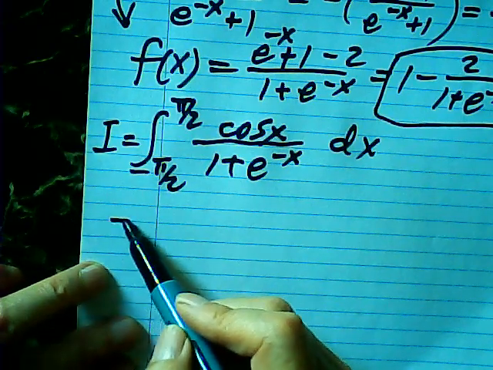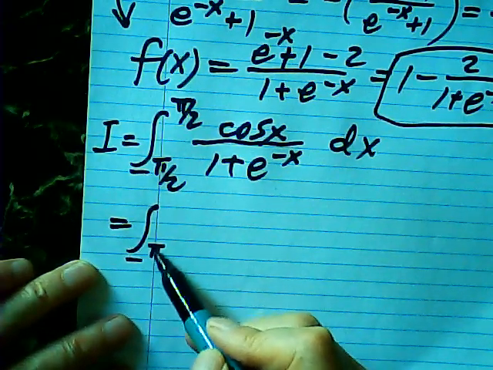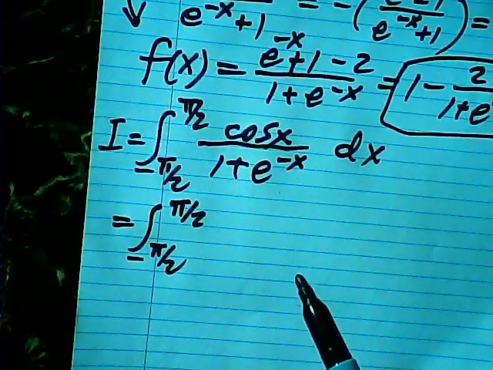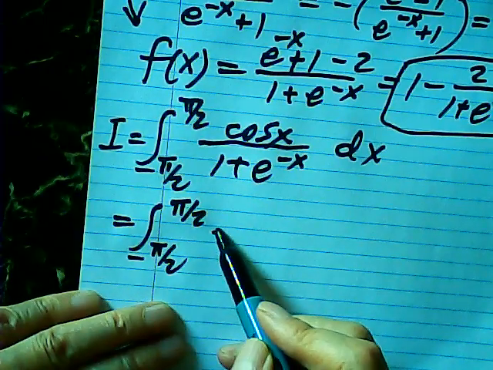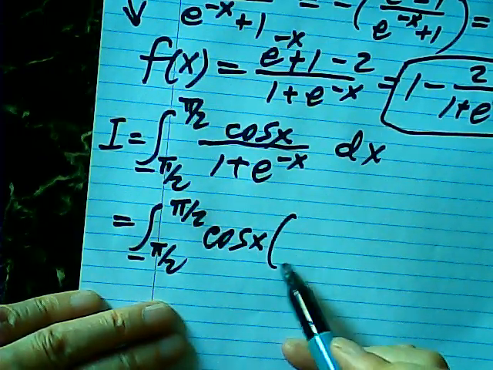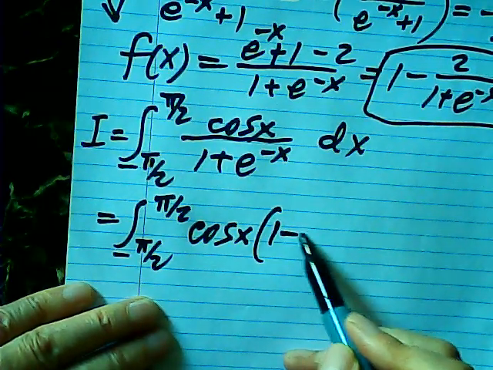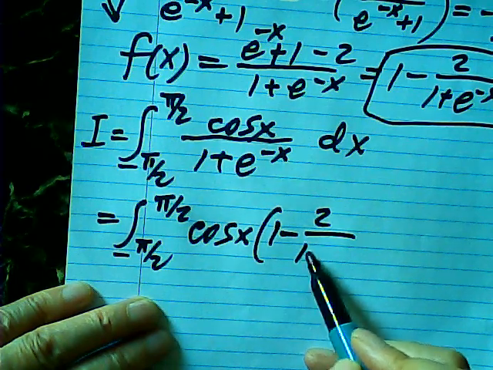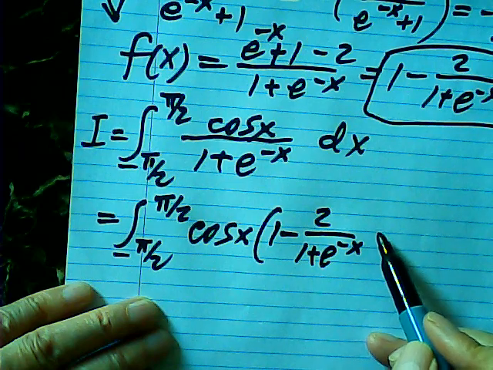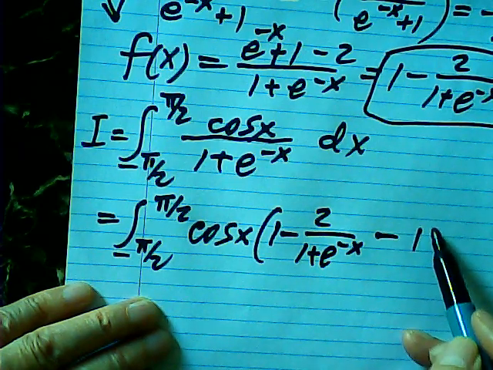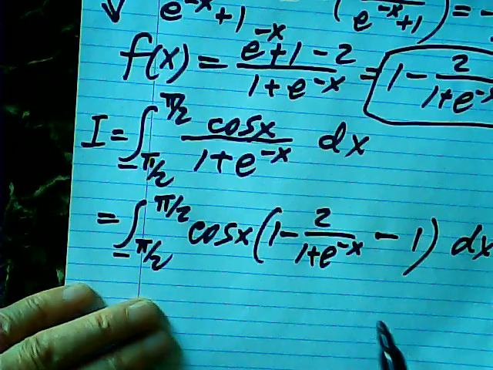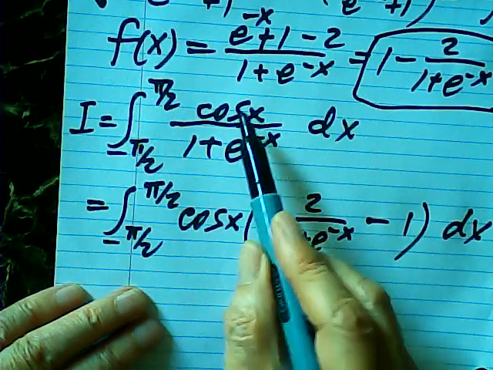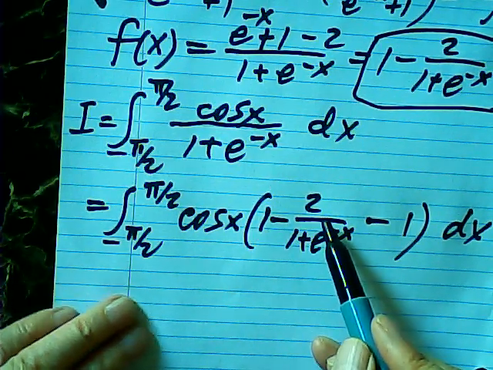Could be written as negative cosine x times 1 minus 1 plus e to the negative x minus 1... Now, I have 2 here, negative here.